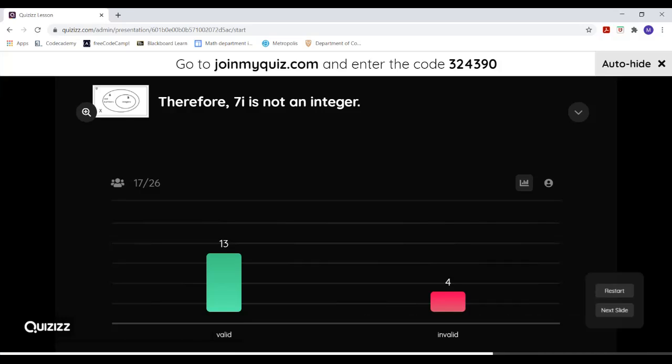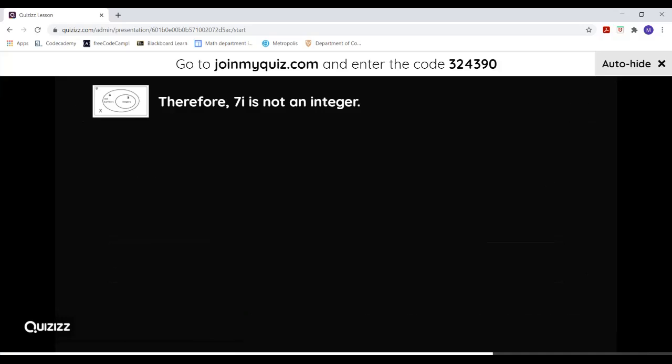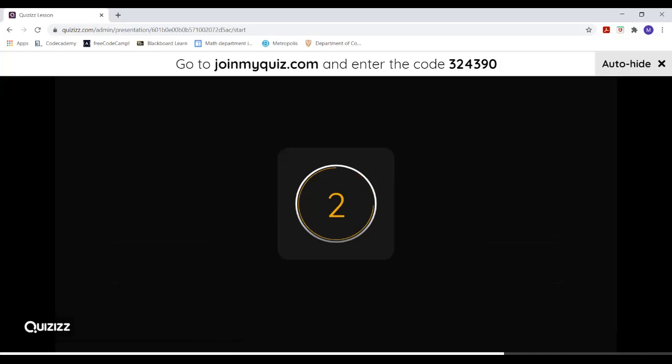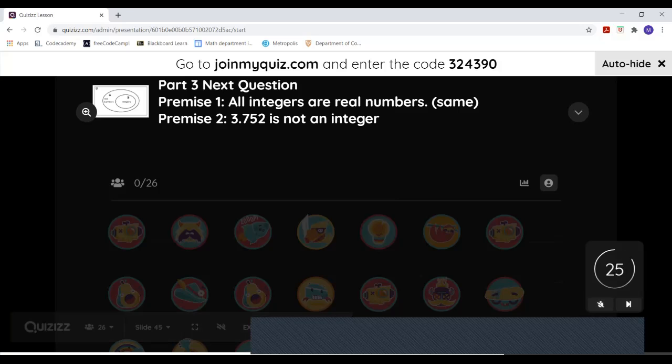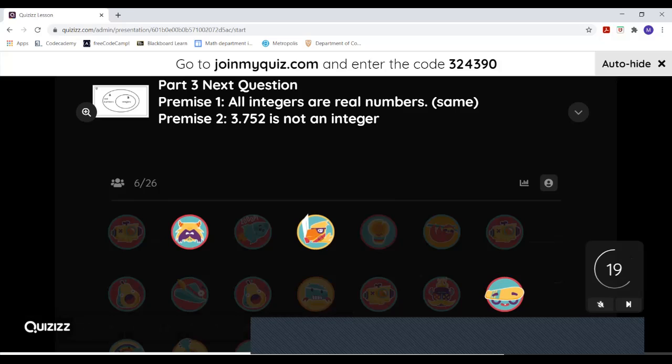The other way around is if the light didn't come on, then you can guarantee I didn't flick the switch. Those are the two valid arguments we can really make. Anything else is going to be invalid. It's probably going to involve putting an X on a circle and not inside, like on the border.